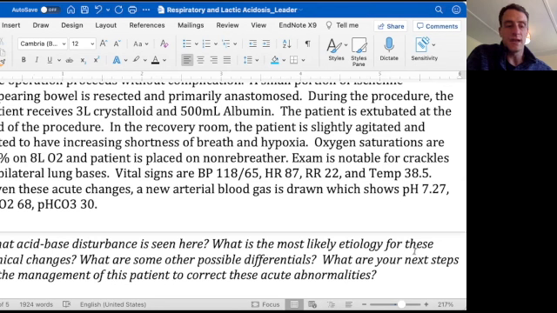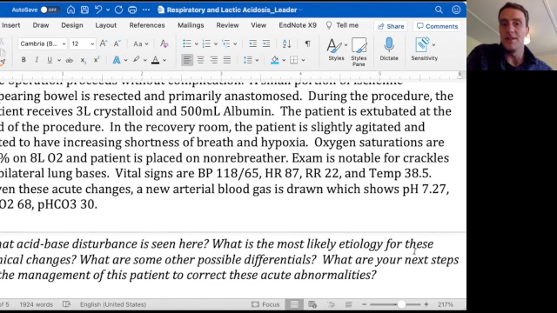I will say for a respiratory acidosis, you do want to be careful giving bicarbonate to correct the acidosis, especially in a patient who's extubated like this one. If you give bicarbonate, it will get converted to carbon dioxide at some point, and that will need to be exhaled off, or the acidosis may get worse.